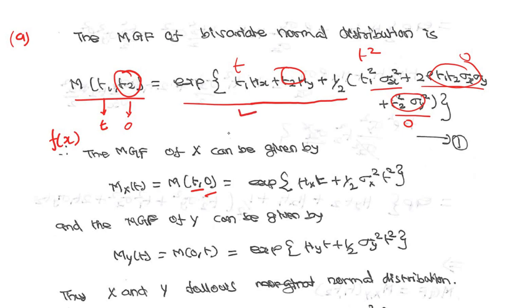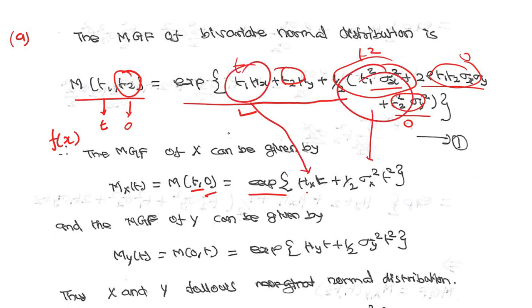Therefore, M of t comma 0 is equal to the exponential of these two terms. And what we observe here is nothing but the moment generating function of x with respect to t.